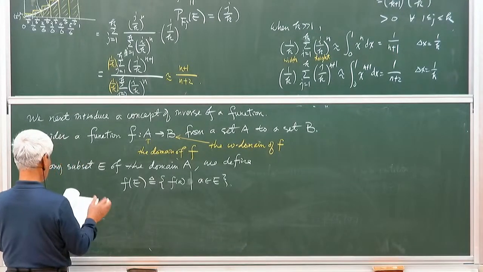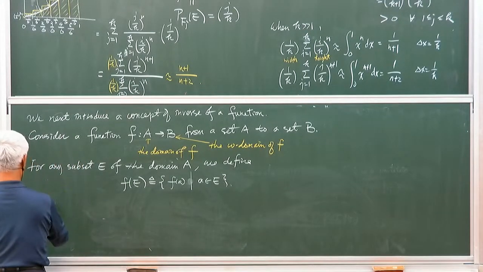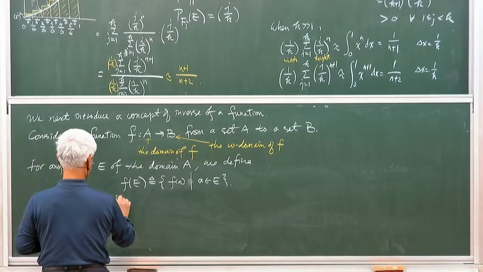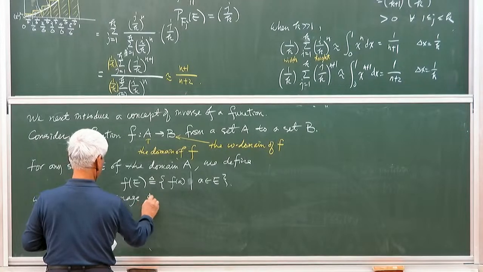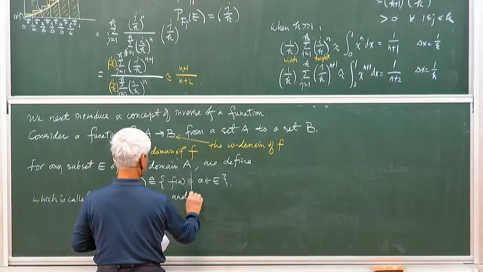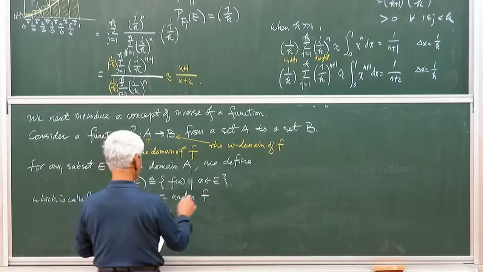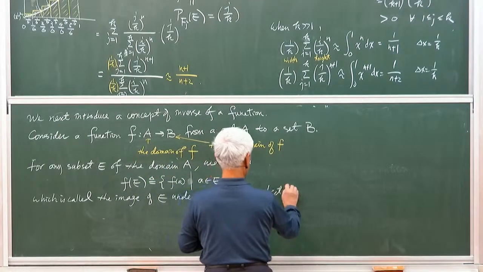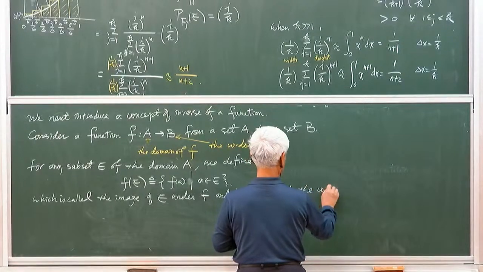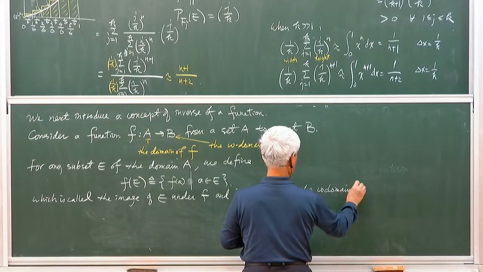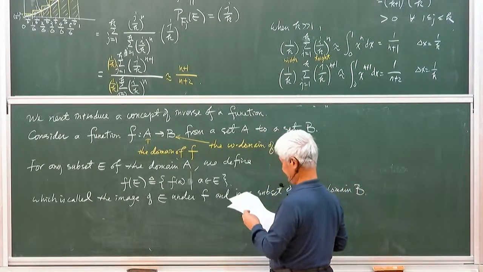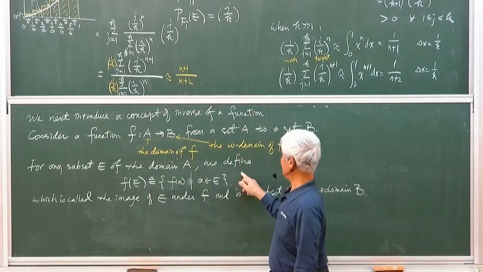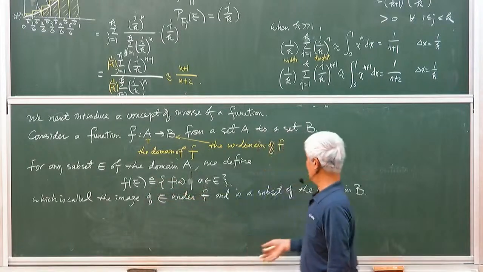So f of E is called the image of E under f, and is a subset of the codomain B. So for every subset of A, there is a corresponding subset of B.